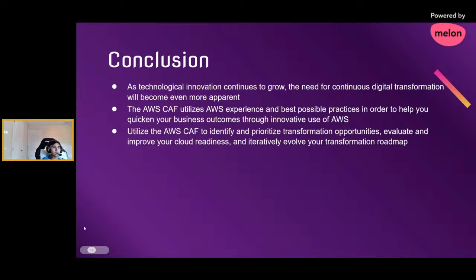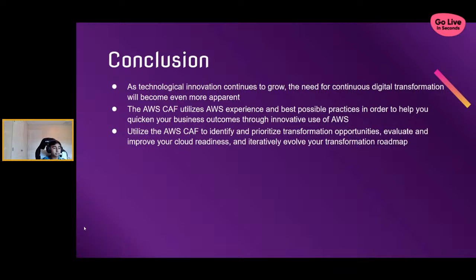And finally, for our CAF conclusion, as technological innovation continues to grow, the need for continuous digital transformation is obviously going to become even more apparent.